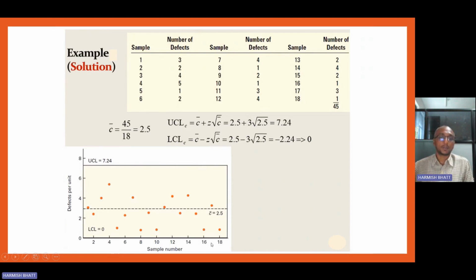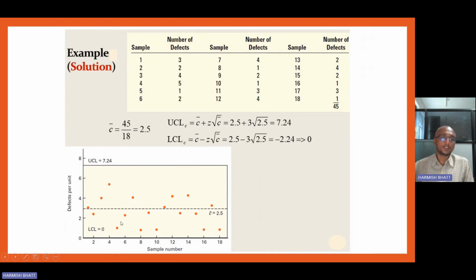On the x-axis, the sample number has been taken, and on the y-axis, the defects per unit. After plotting the C bar or mean line, the UCL line, and the LCL line, we plot the number of defects for each sample on this chart.